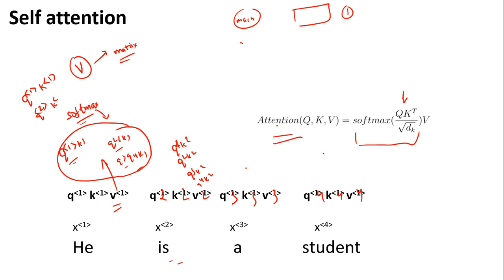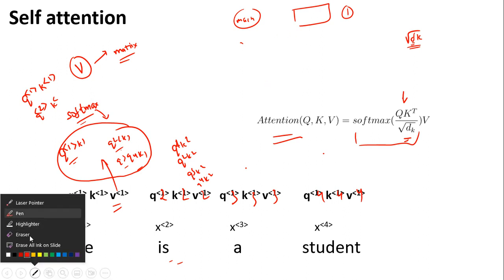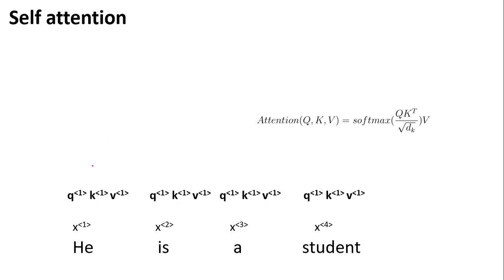Got it? And in order to normalize, we are just dividing the matrix by root of dk. So what is d? D is the dimension of the embedding. Suppose, let me clear the screen once again. Suppose I am taking the embedding size as 512, for example. I am representing he with a length of 512.